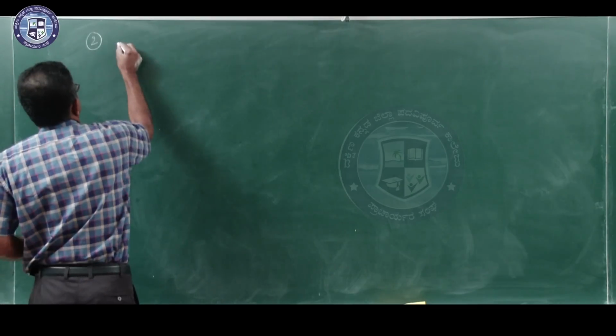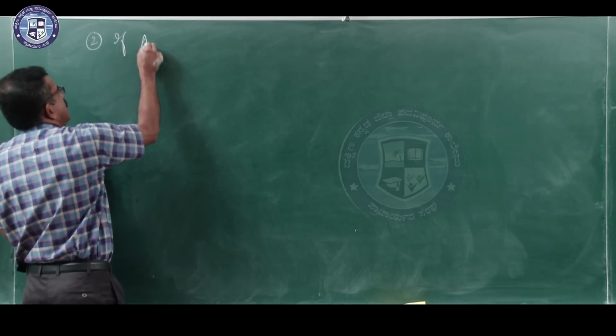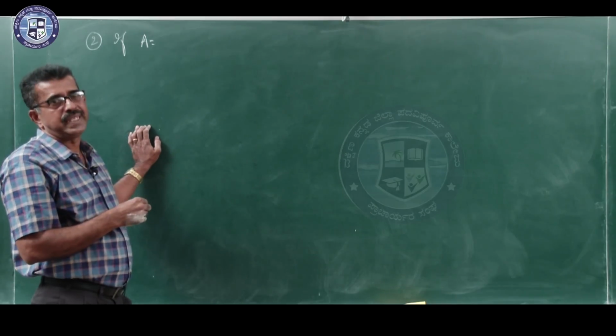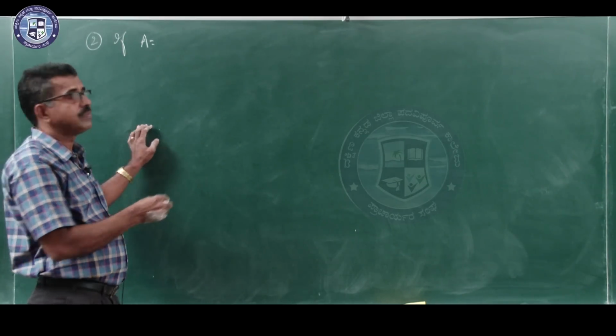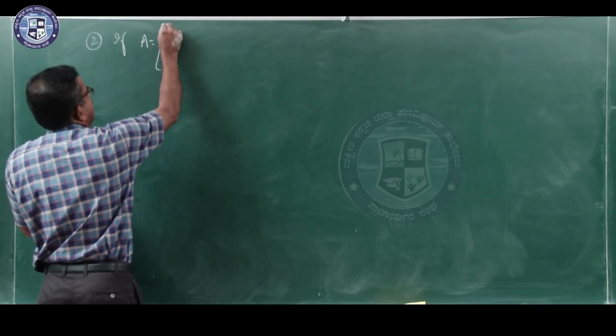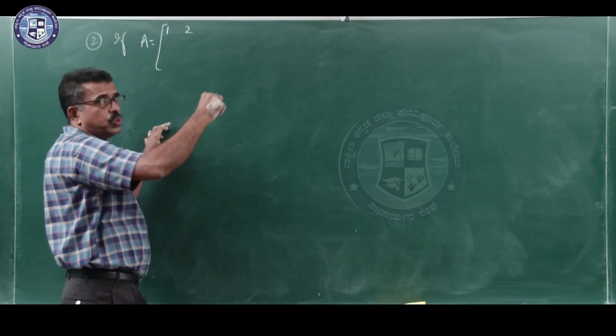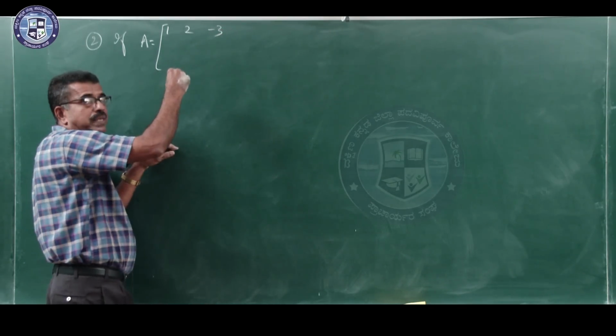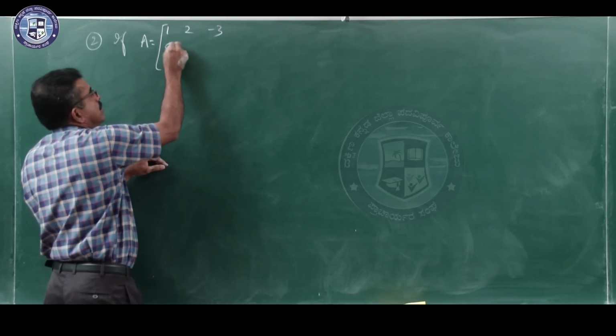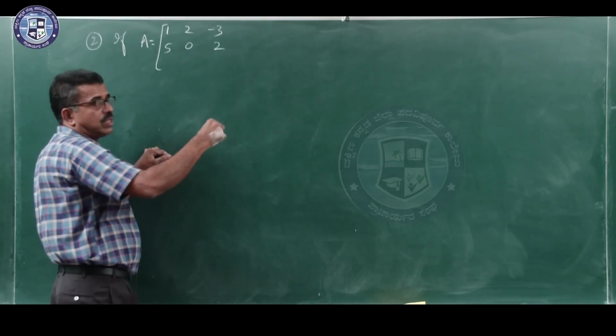Second example. Let me take 3 matrices, all of them of order 3 cross 3. First matrix A: 1, 2, minus 3. Second row, 5, 0, 2.